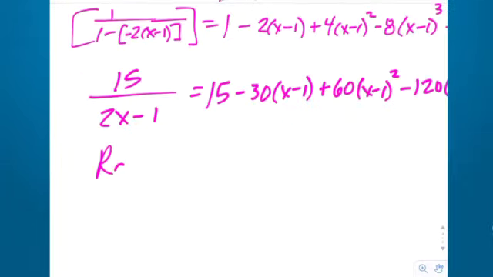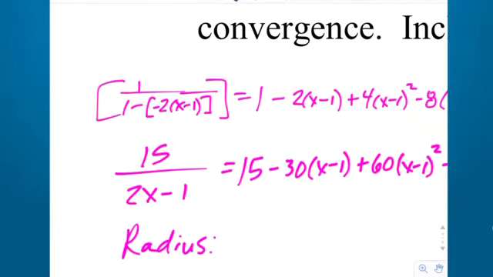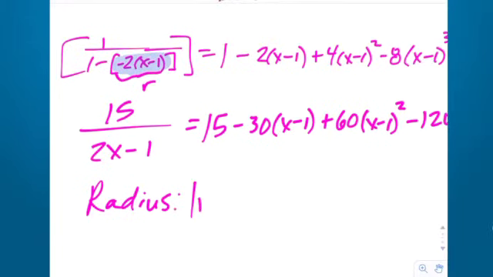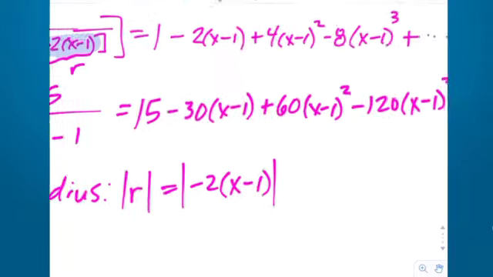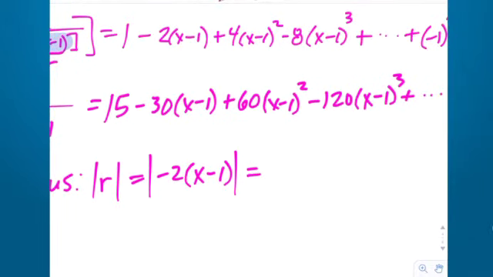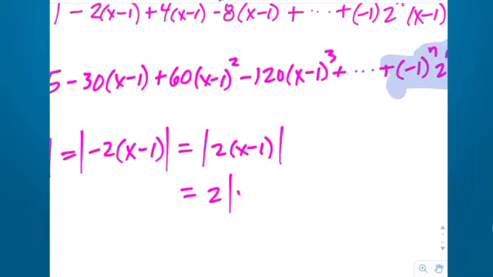For the radius of convergence, remember we take our ratio, which is that right there, that's what we're calling r, and the absolute value of that, which is the absolute value of negative 2 times x minus 1, which is really the absolute value of 2 times x minus 1, which is really just 2 times the absolute value of x minus 1, right?